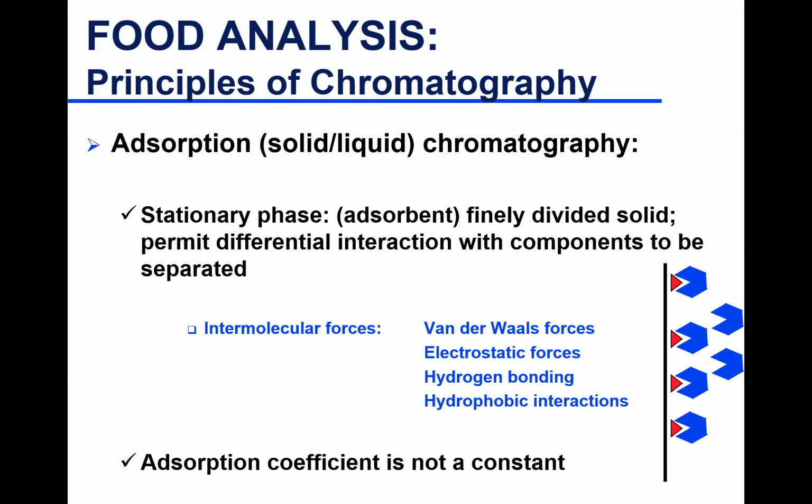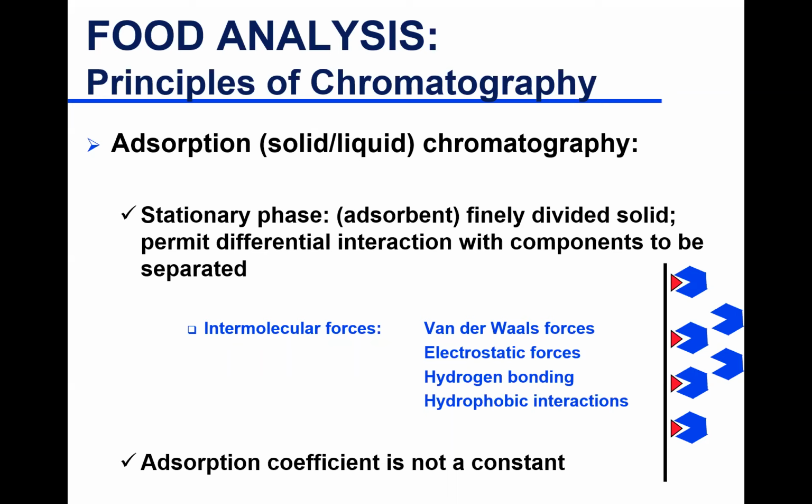And then these solid particulates allow interaction of the components so that they get separated based on how much affinity they have to the column. So how well the interactions are with the column. So the more interaction you have, the more the compounds are going to be retained on the column. And the more differences in interactions you have, the more separation you're going to get between the components.